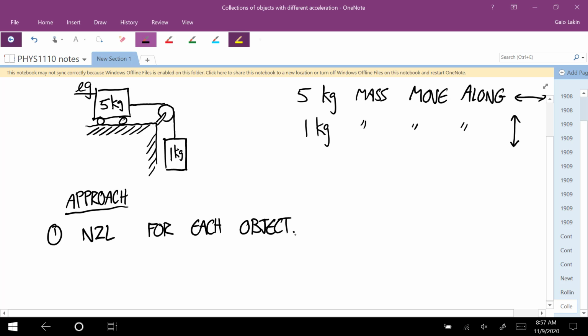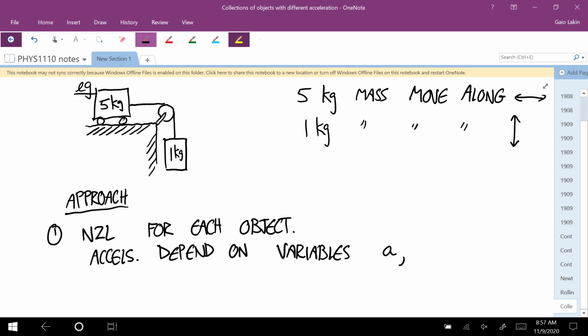And let's call the accelerations: the first depends on variable A, so that's just like normal. But then the second one, we're going to call that variable something else. Let's say A2.